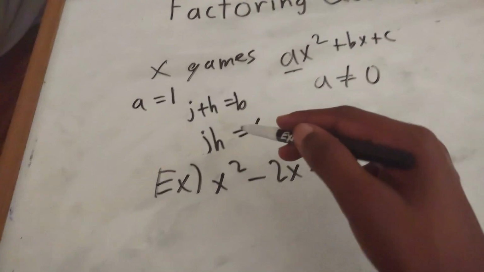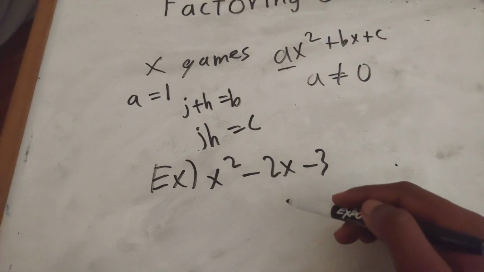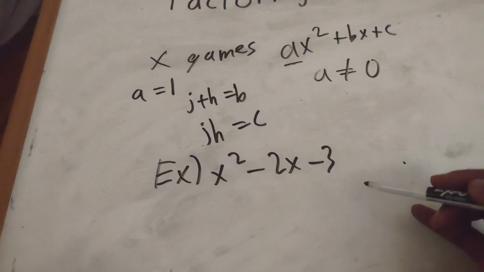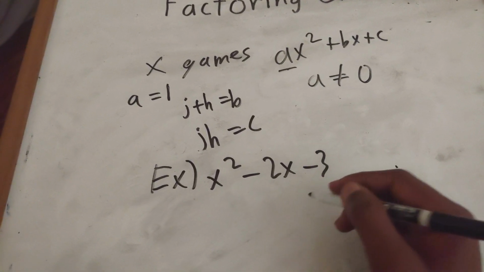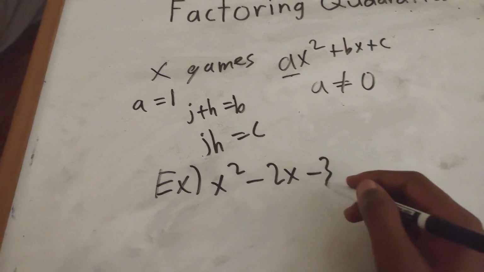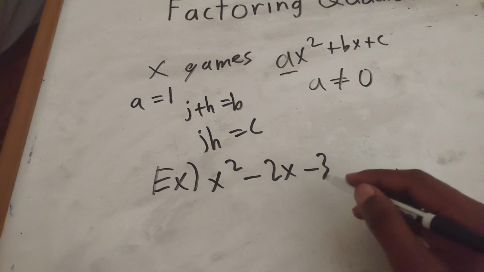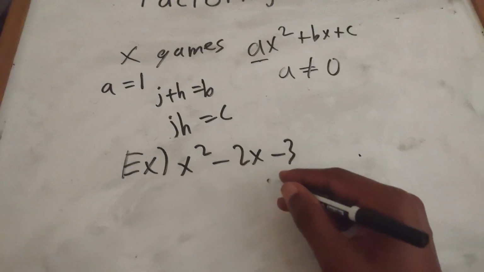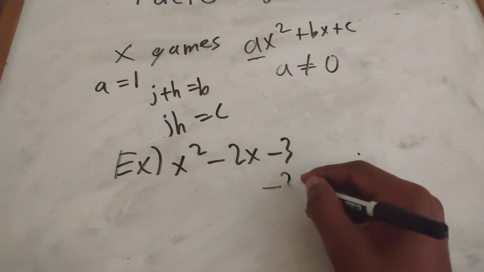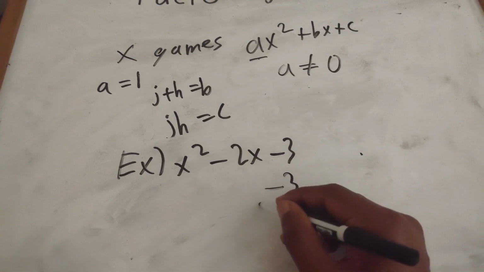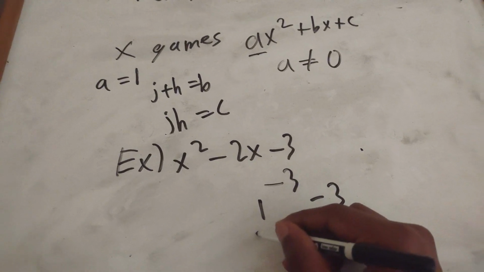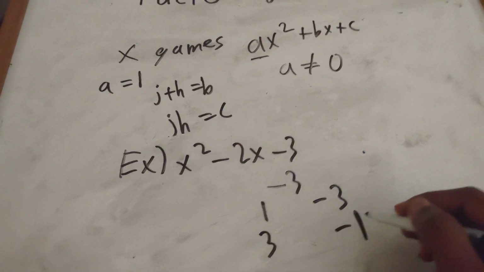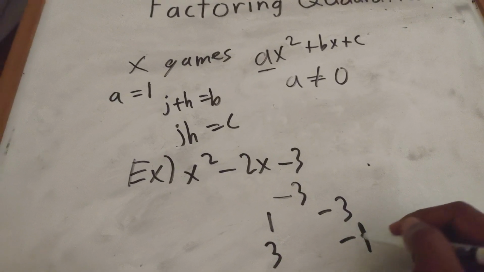So what two numbers add to negative 2 and multiply to get negative 3? An easier way of thinking about this is you can list the factors of negative 3 and see if any of them add to get negative 2. So negative 3 can be 1, negative 3, and 3, negative 1, and I'm pretty sure that's it.